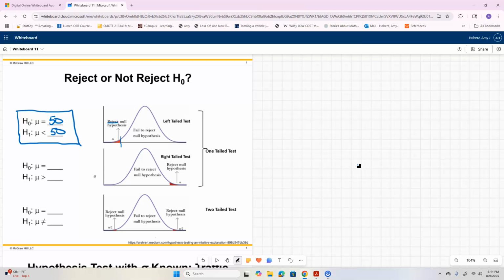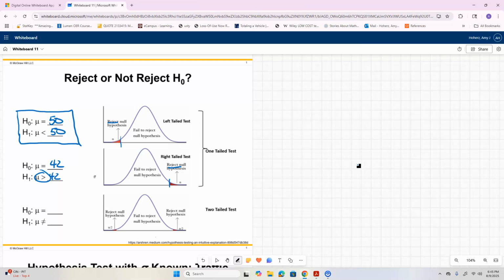For a right-tailed test, again, this could be anything, say this is 42, greater than or equal to 42. If we have a greater than sign, that means we're looking at the right tail of the normal curve, and we're going to reject the null hypothesis if we're in that red shaded area to the right of our critical value.